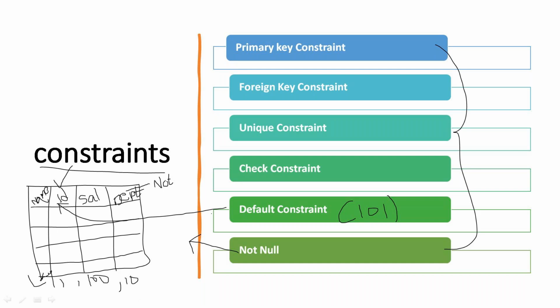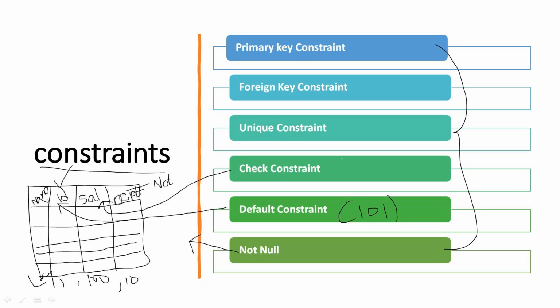Okay, next, check constraint. I'll be applying this check constraint on the salary column. Whenever salary is greater than 500, only then do I want to insert those records into this particular table. While creating a table, I have taken a check constraint here in the salary column.